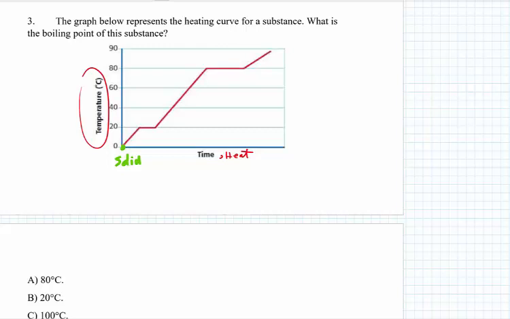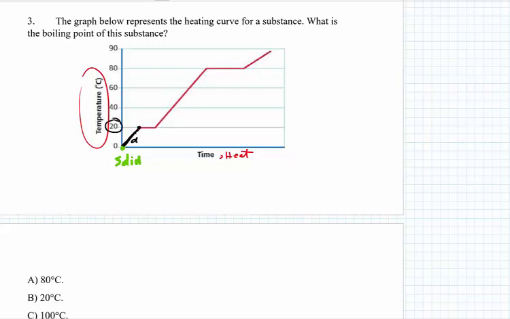So you heat it up, you increase its kinetic energy. In this part, let's call it part A, you increase its kinetic energy. That means you increase its temperature until you reach what we call the melting point.